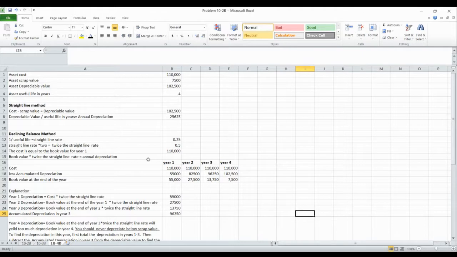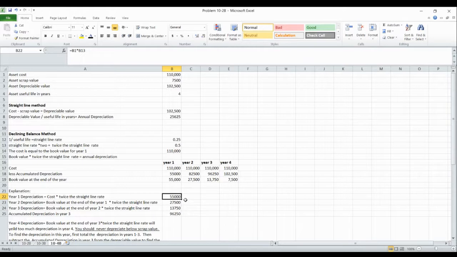So going back to line 22 in the first year, I'm going to take the cost, which was $110,000, and multiply that by twice the straight line rate. What that will give me is $55,000. You might notice up here, they show you how I got that, just in case you need to see it again.